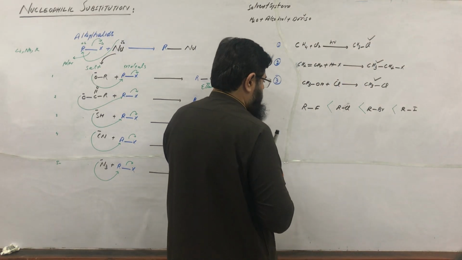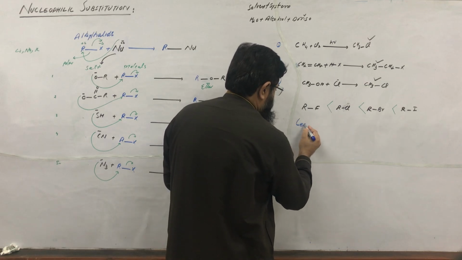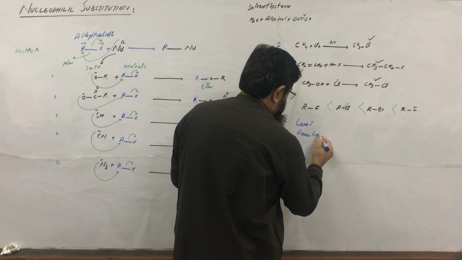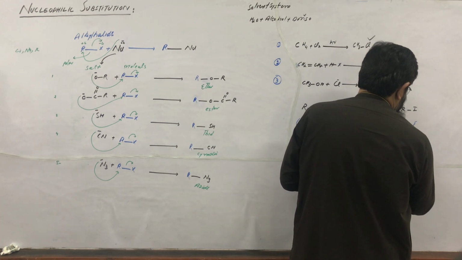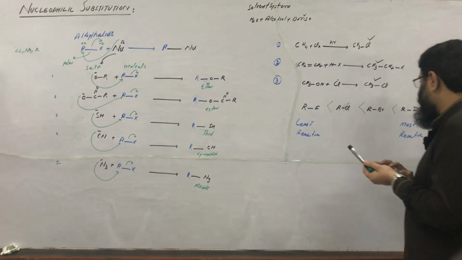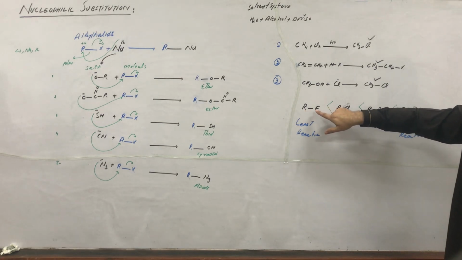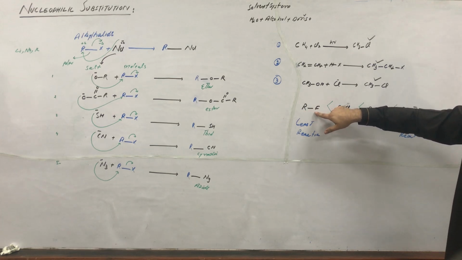Why are alkyl fluorides least reactive and alkyl iodides most reactive? The reason is that the size of carbon and fluorine is comparable. Both of these elements belong to a similar period.